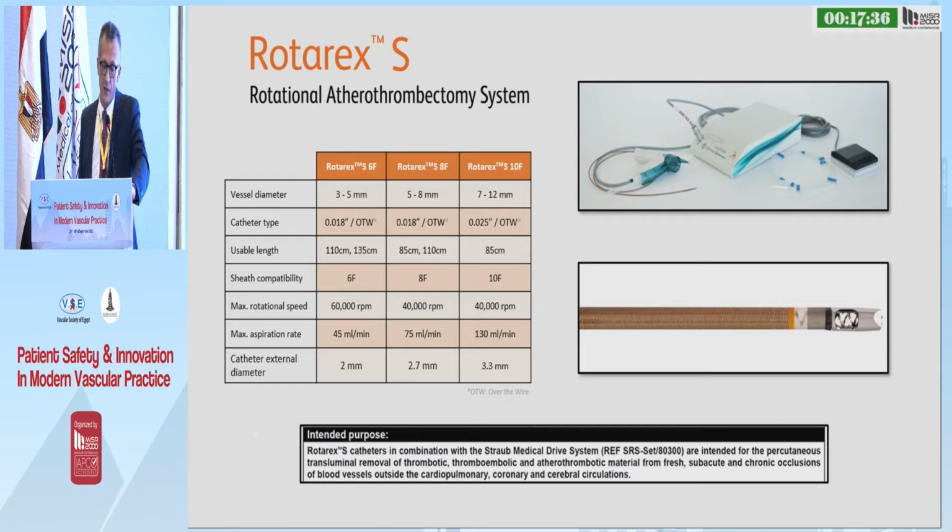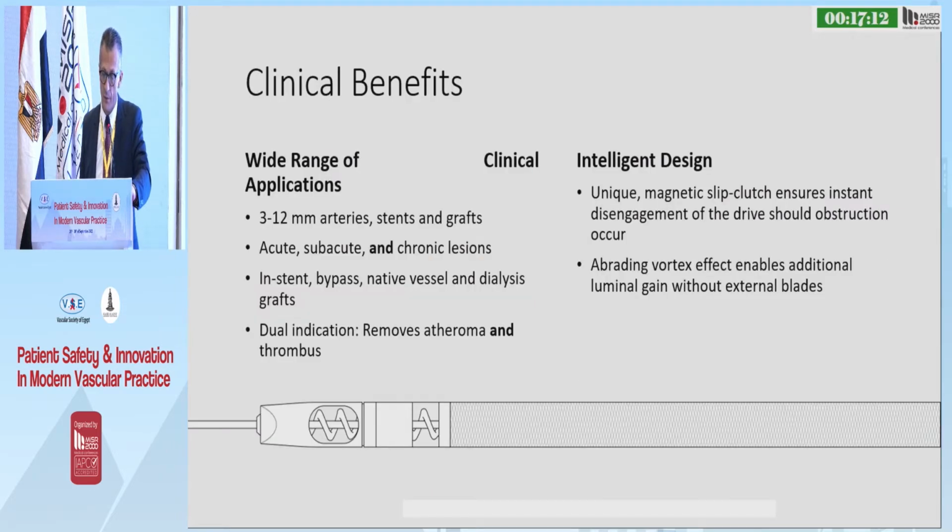The power of aspiration is different. For the 6 French it is around 45 milliliters per minute, almost double in the 8 French, and 140 milliliters per minute in the 10 French. We know that it is contraindicated in cerebral, coronary, and cardiopulmonary circulation.